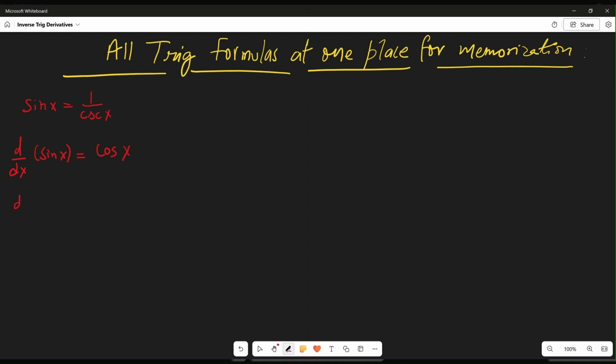Then the derivative of sine inverse of x, which we just went over, is 1 over the square root of 1 minus x squared.